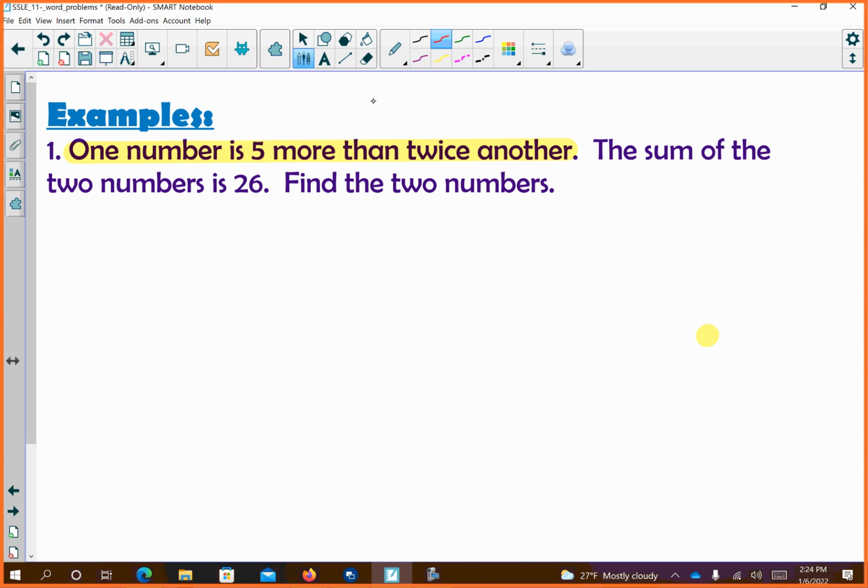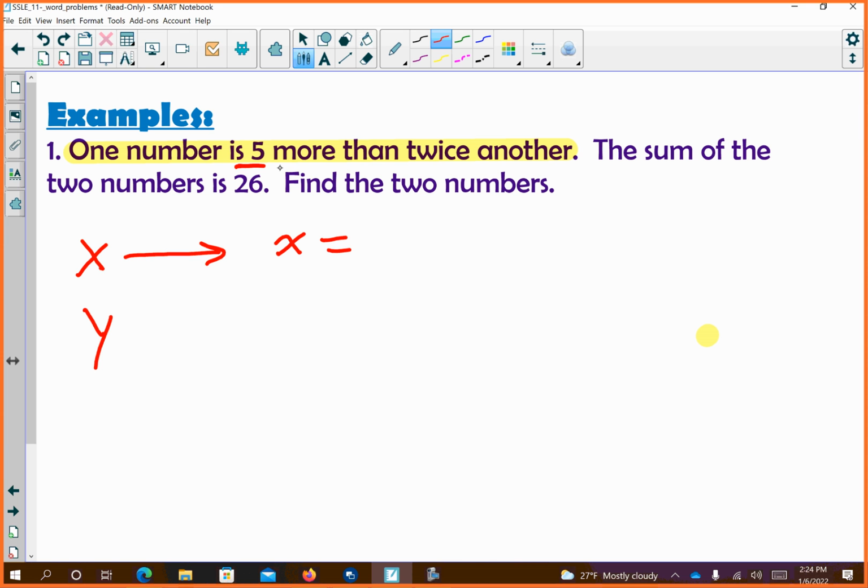So the first statement says this. First off, how many numbers are we looking for here? 2. Do I know what these 2 numbers are at this point? I don't think so. So if I don't know 2 numbers, I'm going to call one of them X and one of them Y. It doesn't matter which one's X or Y. So one number is 5 more.